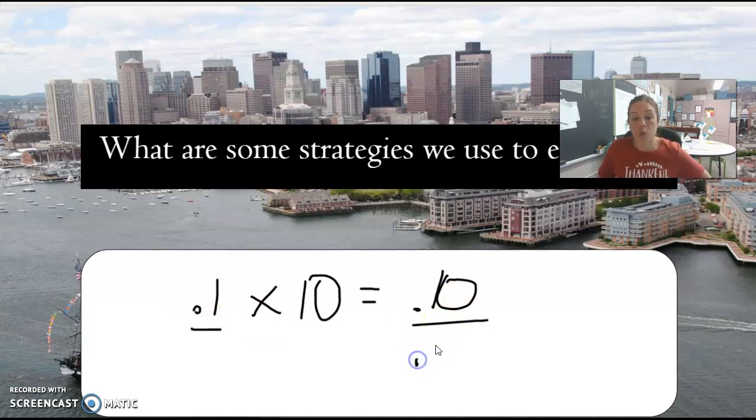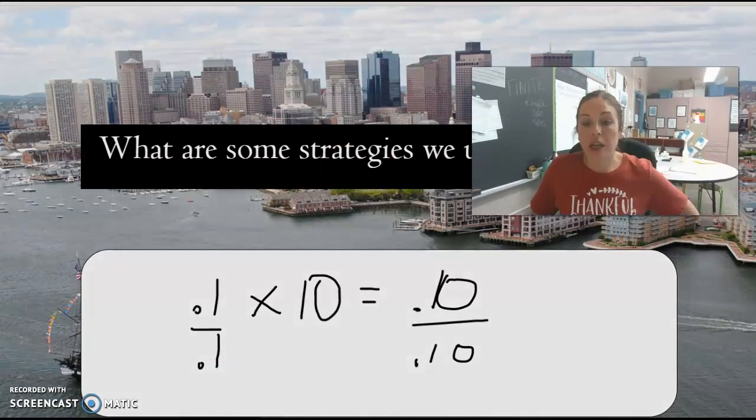This just means I have 1/10 and 0 hundredths, which is the exact same as writing just 1/10 without a 0 behind it. So the reason I'm showing you this is because my way of moving a place value up works for any number, whether it's decimals or whole numbers.